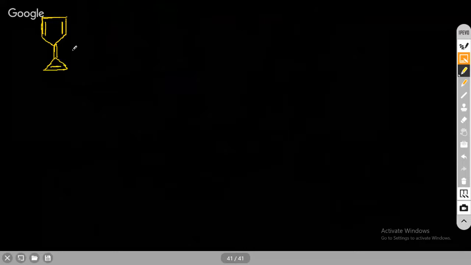Double bond here. This compound has a high dipole moment. So what is the reason for this dipole moment? See, the point here is what? You think on it and tell me first.